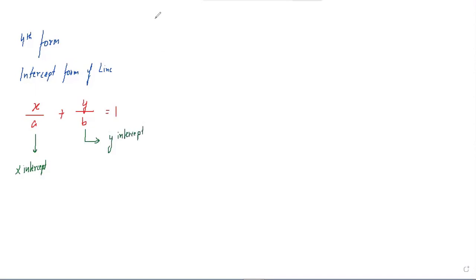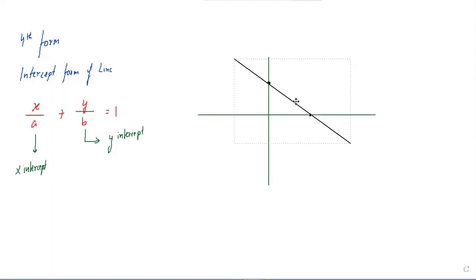Alright, so if you have a coordinate axis and if you have 2 points, let us say, one over here, one over here, and the line passes like this. Let us say this point is (0, 2) and this is (3, 0).